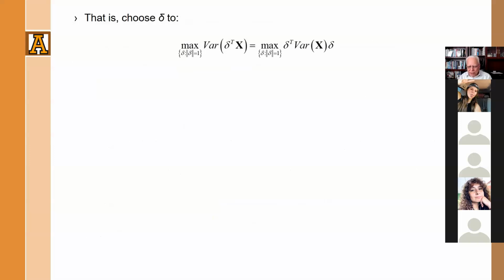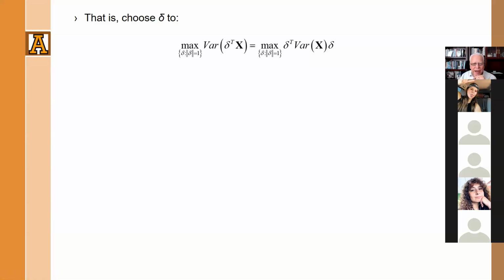So what we want is to choose delta to maximize the variance of delta transpose x. We impose this condition because I can find arbitrarily large delta that can be maximizing that variance, right? So to bound that and to standardize it, that's why we have the condition that the length of delta is 1. Okay, the modulus of delta is 1.